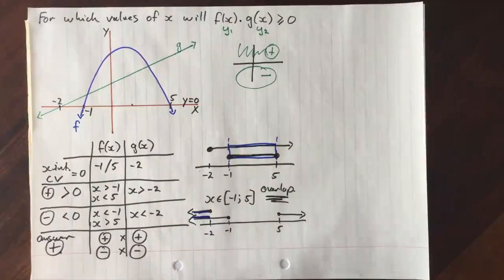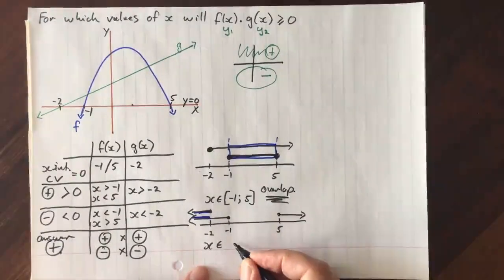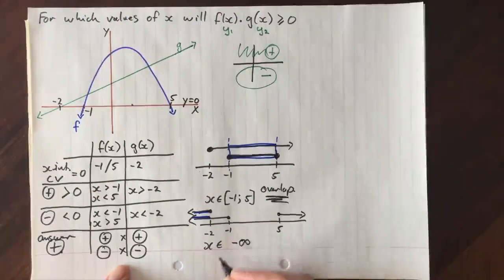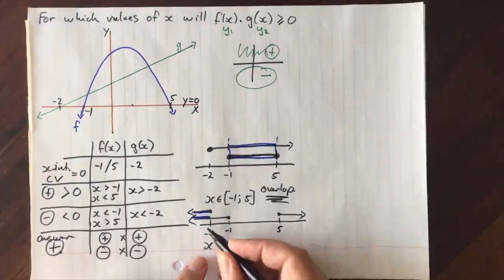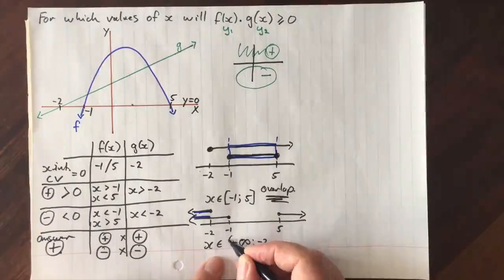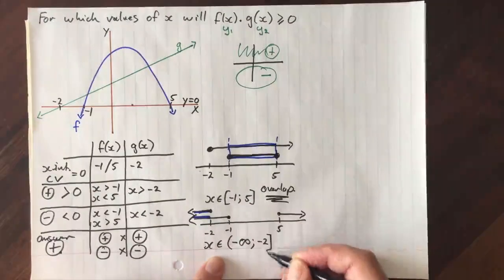So let's write the x values. So x is an element from negative infinity, remember it's coming from the negative side, all the way up to -2. For my infinity sign, always an open bracket, and it will stop exactly at -2.